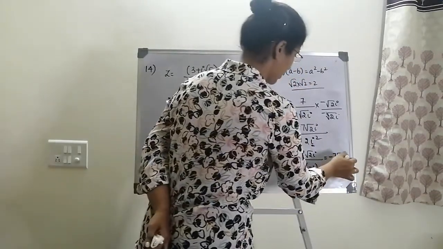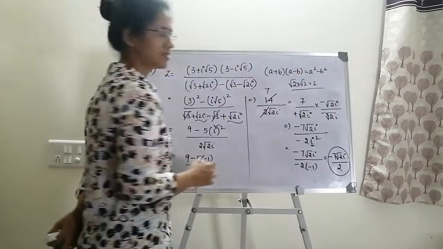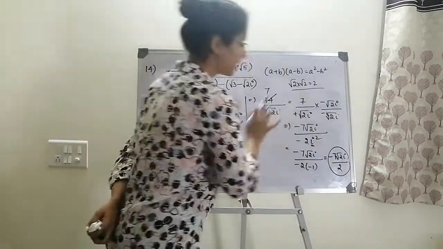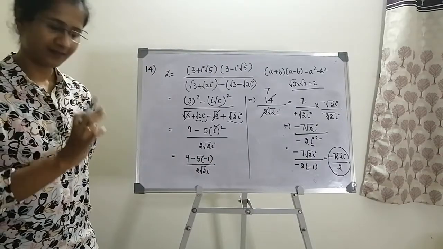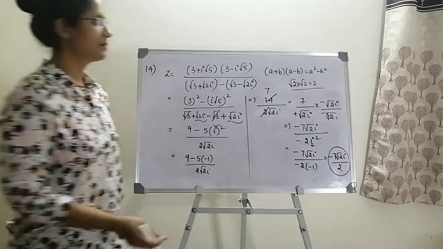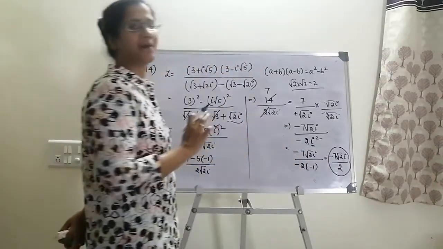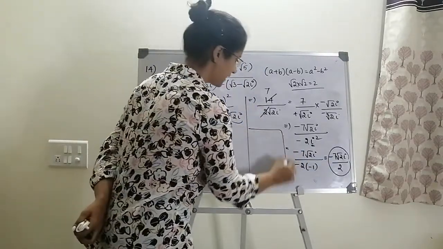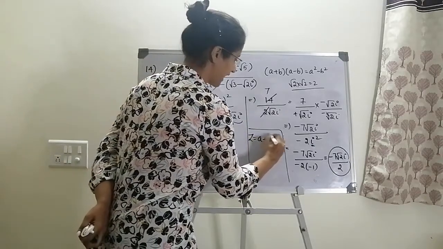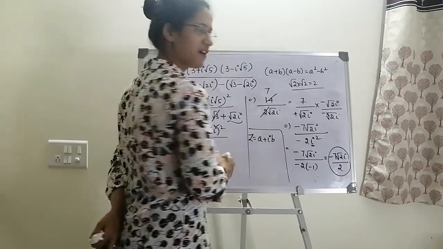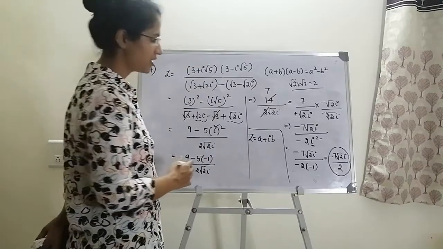Now this is going to be my final answer. Correct? This particular final answer does not have a real term, it has only an imaginary term. So obviously, when I write any complex number in the form of a plus ib, it should have both a real term and an imaginary term.